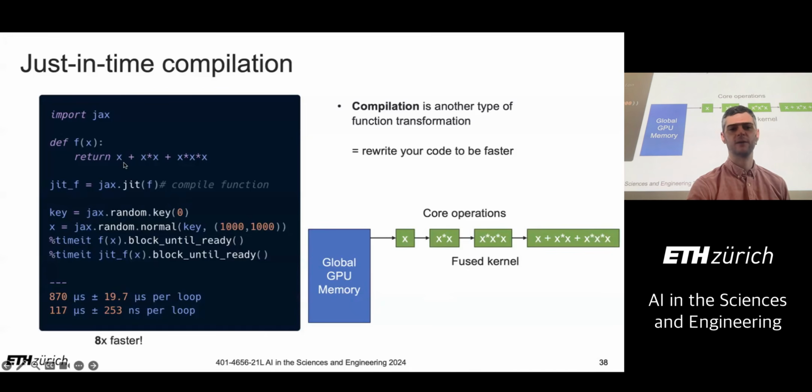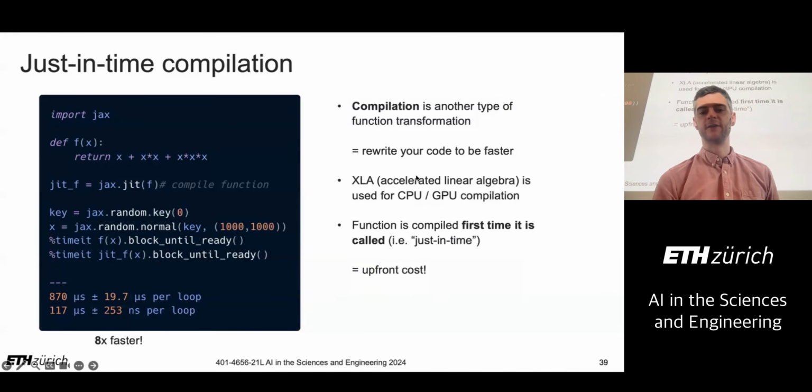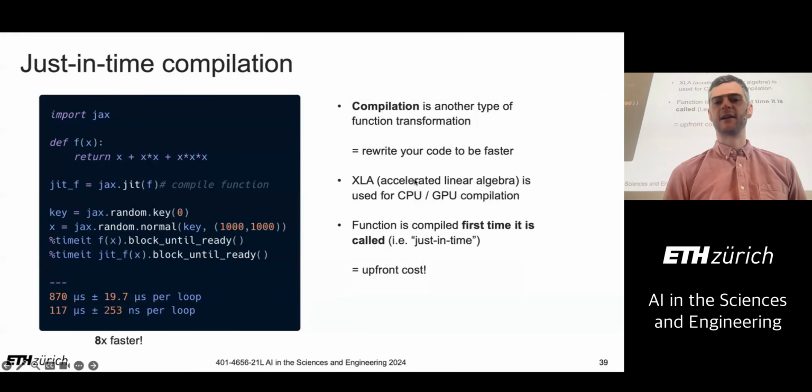For example, when we fuse these operations together, we already get a speed up of 8 times, by reducing the bottleneck of reading and writing to the global memory. Behind the scenes, this is using XLA, accelerated linear algebra, for both CPU and GPU, and I think it works for other specialized devices too, like TPUs.